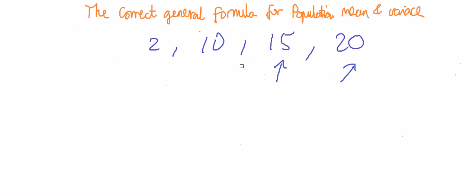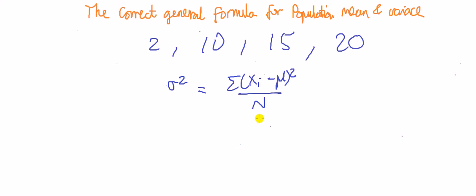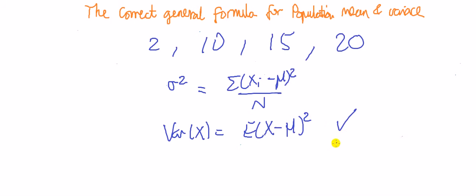If they are equally likely to occur, then you can use the formula that I wrote earlier. But if they're not equally likely to occur, and this is discrete, you should be using the proper formula. This one.